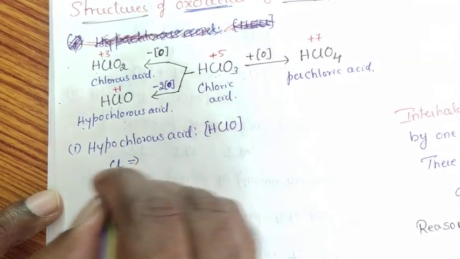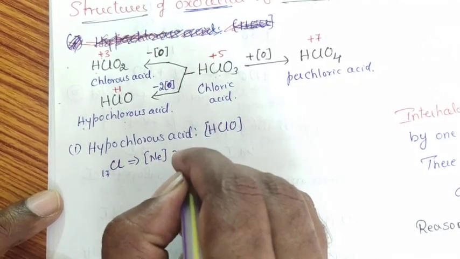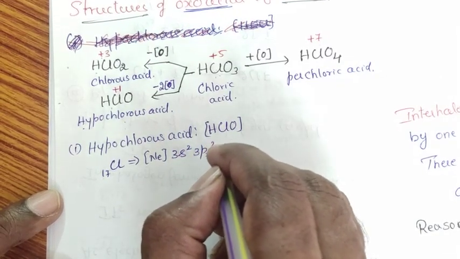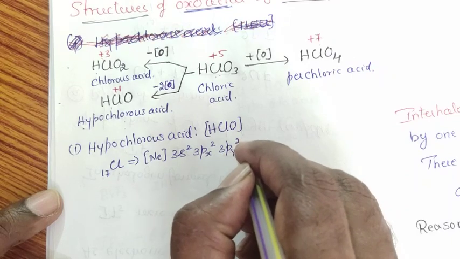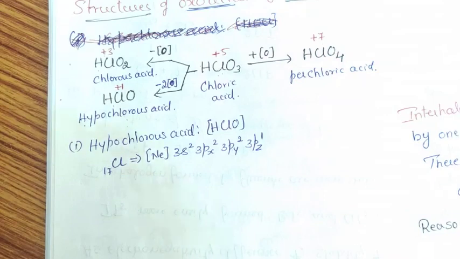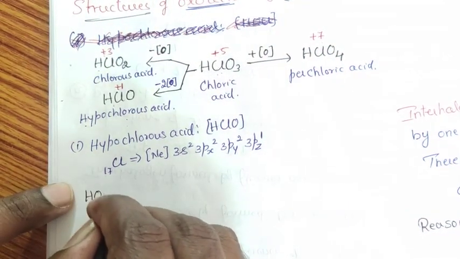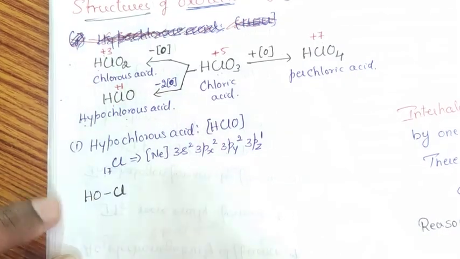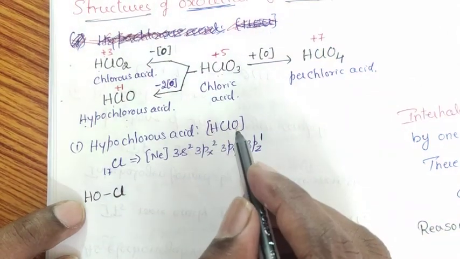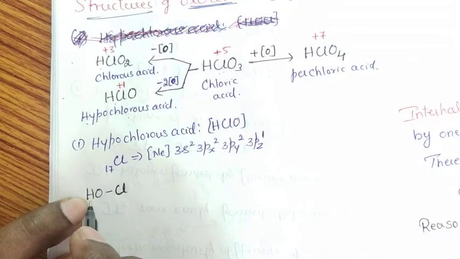And what is the electronic configuration of chlorine? Neon 3s2, 3px2, 3py2, 3pz1. So this hypochlorous acid, how can I write it? HOCl. If there is a hydrogen atom, first we should make that oxygen atom bond to the hydrogen in the form of OH.